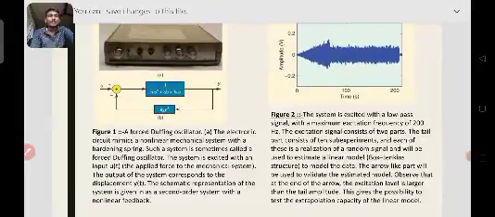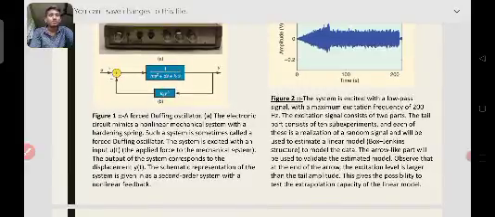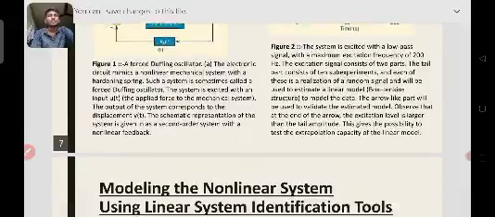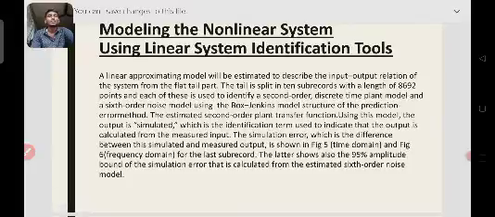So here you can see the diagram for the frequency representation, where figure 1 denotes the forced damping oscillator, and figure 2 describes the system excited with a low pass signal with a maximum excitation frequency of 200 Hz. So, modeling the nonlinear system using linear system identification tools.